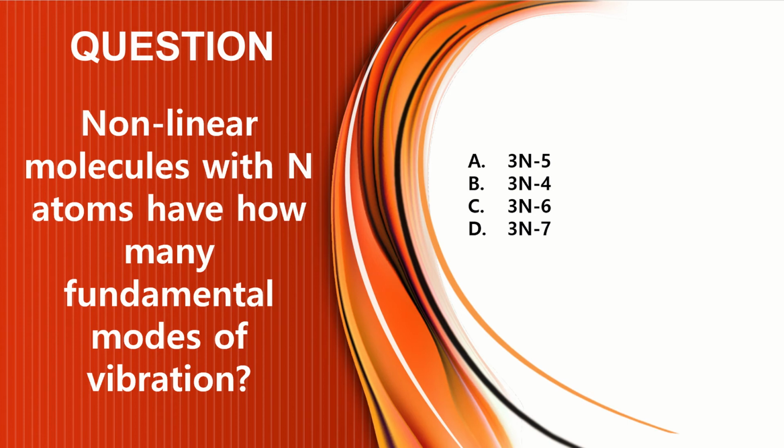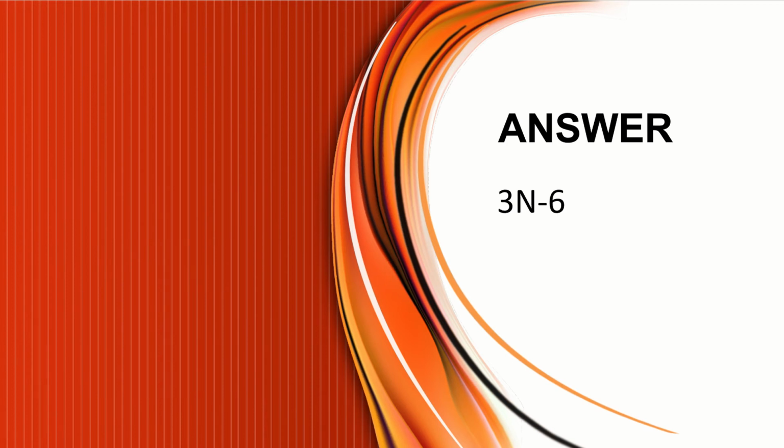So you have an MCQ here. So is it 3n minus 5, 4, 6, or 7? You have seen it twice so far in the video and on the slide. So what is it? If you answered 3n minus 6, then you are indeed correct.